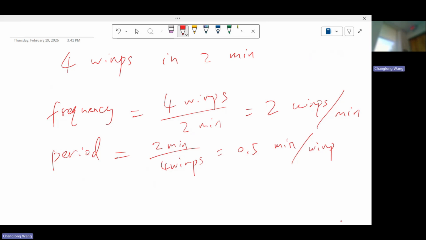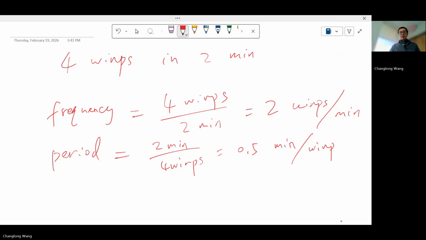If someone tells me the period for something, I know that the longer the period, the longer the time, the slower it is. If I tell you that it takes me an hour to finish some noodles, it will be super slow, right? But sometimes people like frequency a lot.